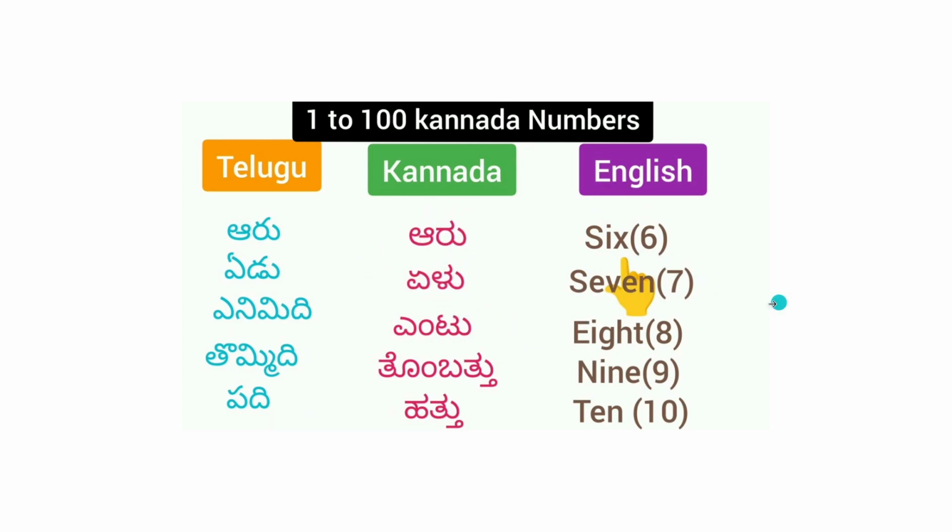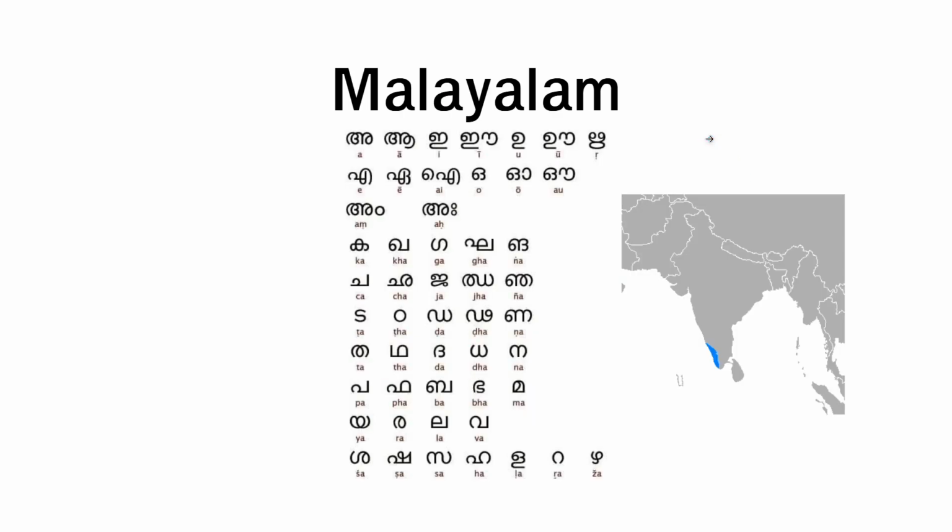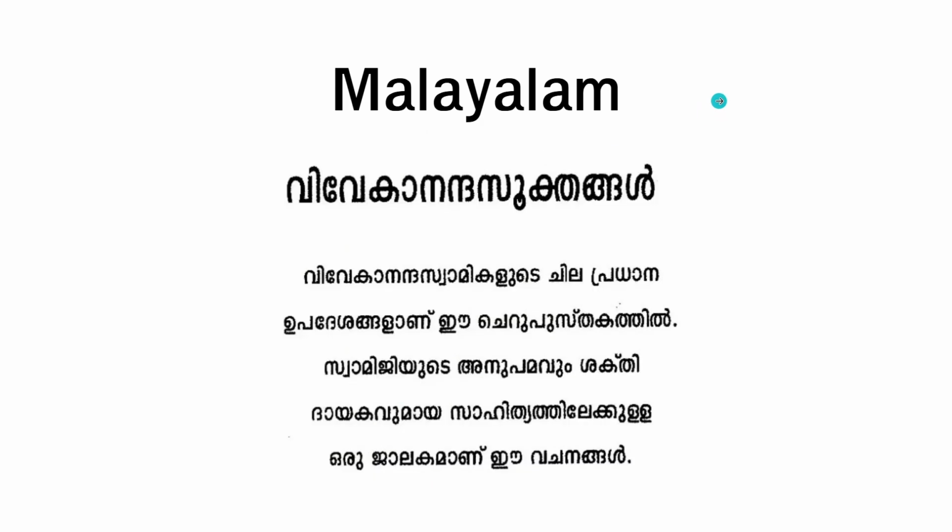All right, so this is Malayalam, spoken in the state of Kerala in the south. I would say this language is pretty unique. The letters are just curved lines, right?